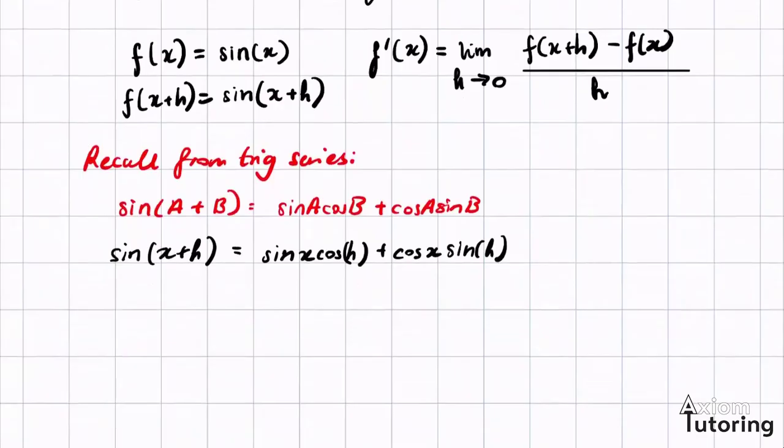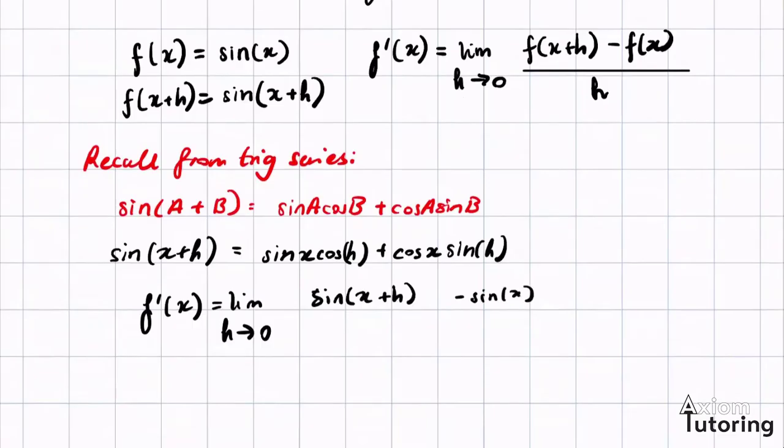So now that we've written it like that, we can use our functions f of x and f of x plus h to find the derivative. So then f dash x is equal to the limit as h tends to 0 of sine of x plus h minus sine of x over h.